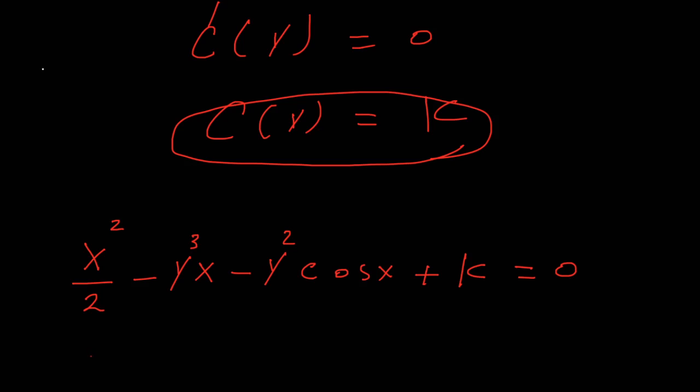And from that you can shift all of these to the other side, so we will get k equals minus x squared divided by 2, and then plus y cubed times x, then plus y squared times cosine x. And that is your final answer.